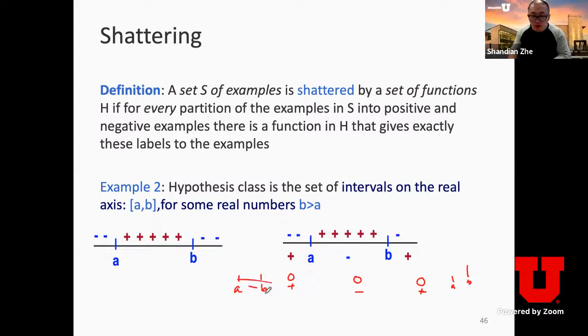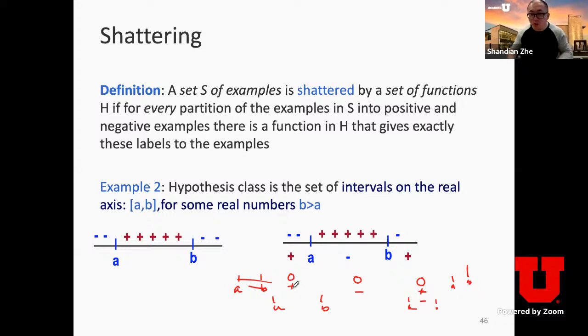And what if you put A here and B here? If your A-B interval only includes one positive example on the leftmost part, you're going to misclassify the rightmost positive example. Similarly, if you put A and B here, you're going to misclassify the leftmost example.